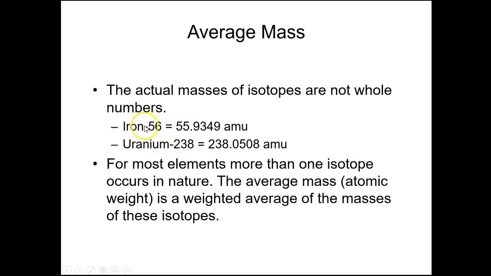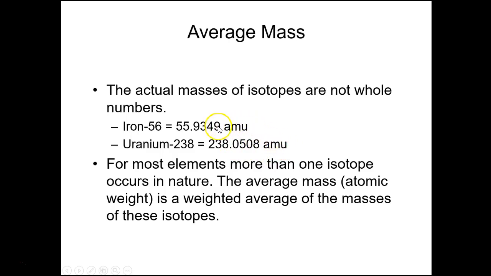So iron 56 is called iron 56 because it has a total of 56 protons plus neutrons, but its actual mass is 55.9349 AMU. Very close to 56, but not exactly 56. Similarly, uranium-238, which is the most abundant isotope of uranium, has a mass of 238.0508 atomic mass units.